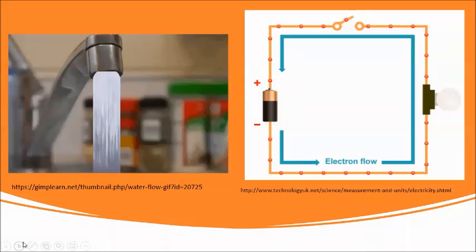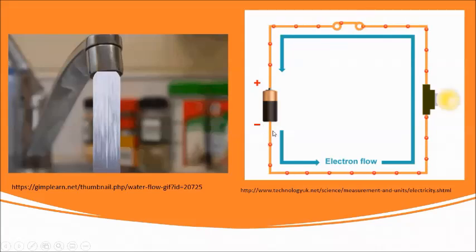As you can see, in the left figure, we have flowing water, of course, flowing in a pipe to the faucet. So when electrons move from one place to another, we say that there is an electric current, like in the diagram on the right side, where we have a representation of moving electrons.